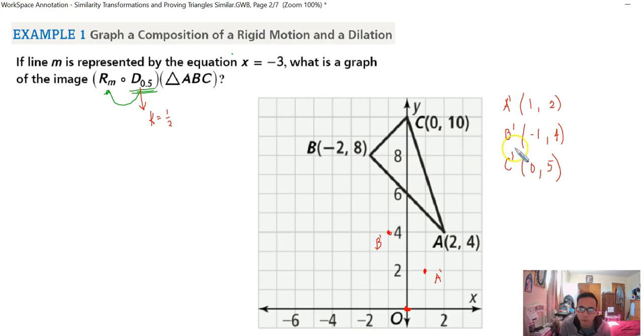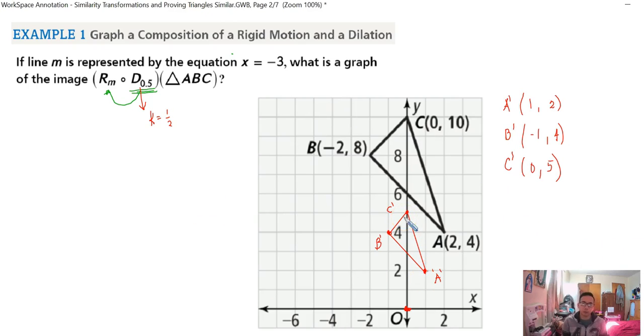And then my C prime would be 0 and 5. So this is my C prime. I'm going to connect those. Give me a second here while I connect those. So this is now the dilated image.